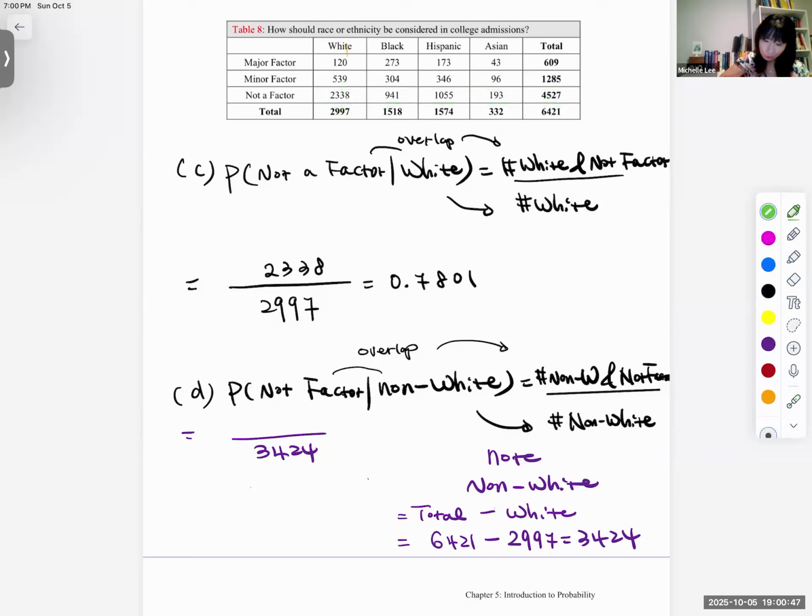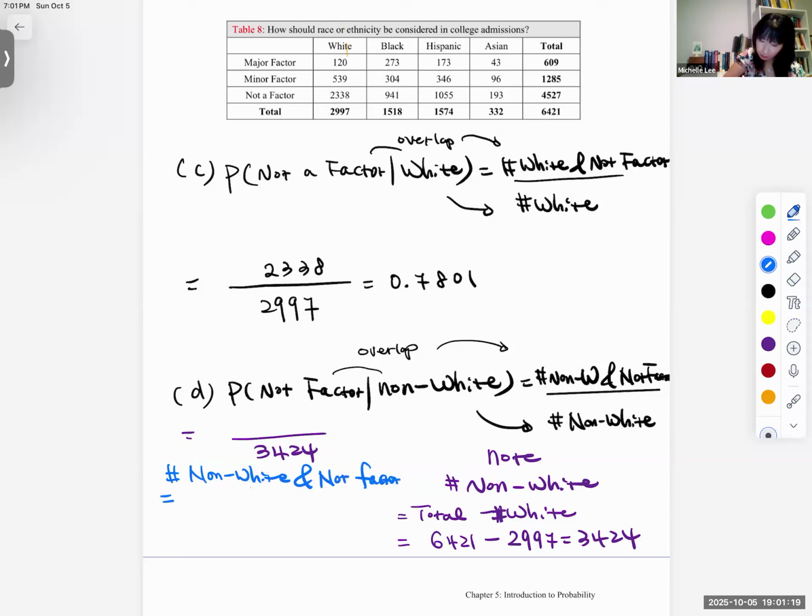So, let me write down. So number of non-white and non-factor.